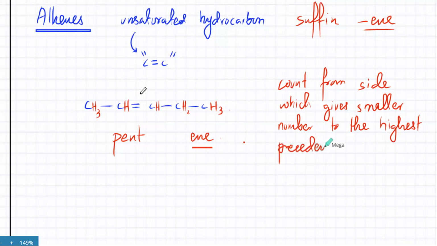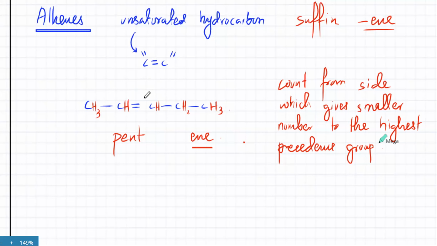We will talk about precedence later on, much later on. Right now, let's keep things simple. You count from the side which gives the smaller number.